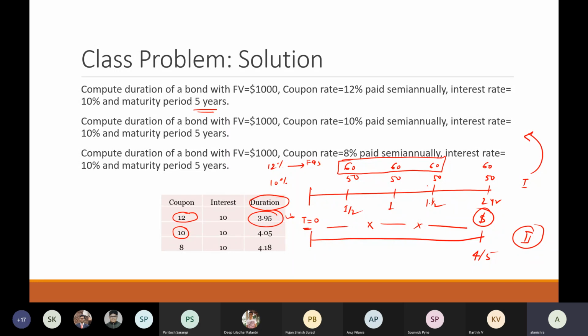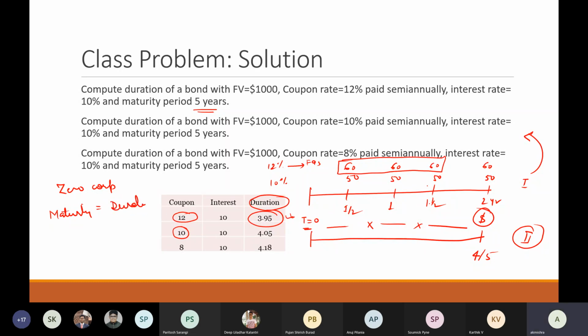What duration do you expect? Let's say there is a bond like a zero coupon bond, which is only paying you at the end of the time period, 5th year or 10th year. So what will happen to duration? The duration will be the maturity period. Exactly, and that's why when we talk about a pure discount bond or zero coupon bond, we say that maturity period is equal to duration.